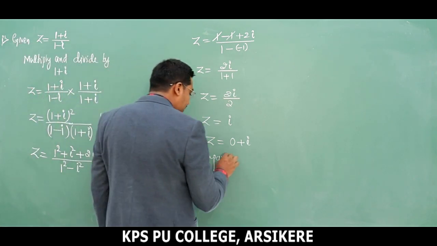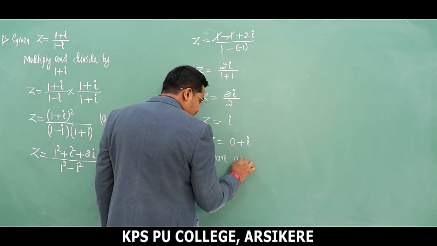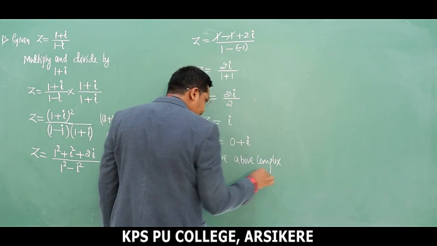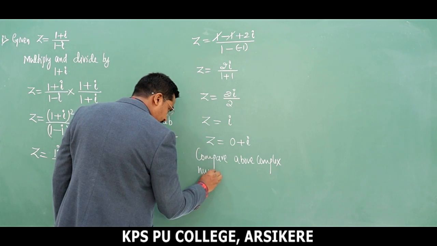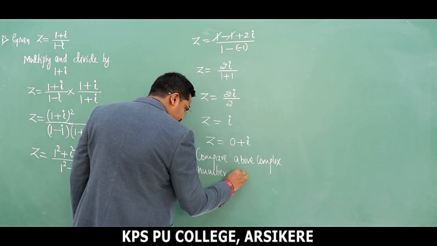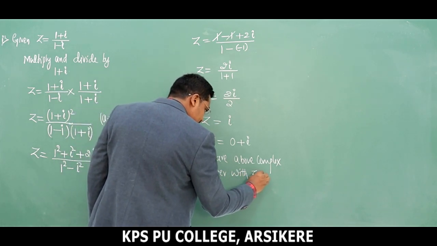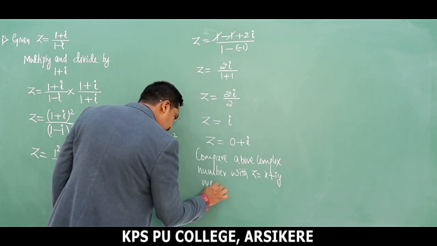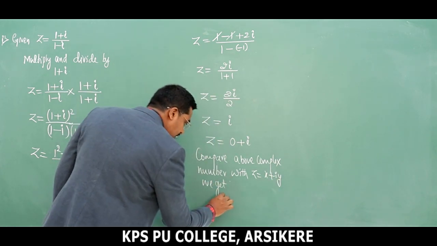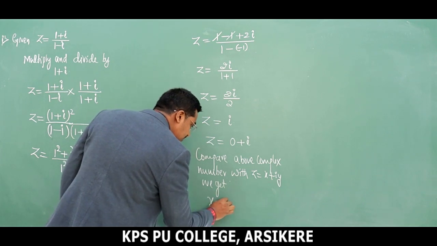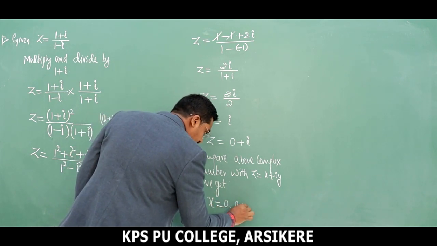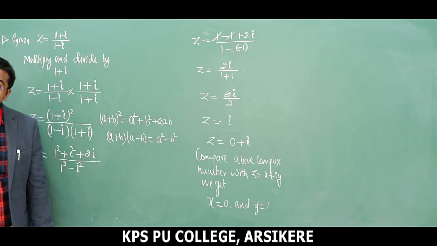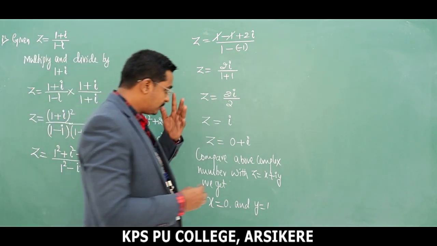Compare the above complex number with z is equal to x plus iy. We get x is equal to 0 and y is equal to 1. The coefficient of i is here 1. So x becomes 0.